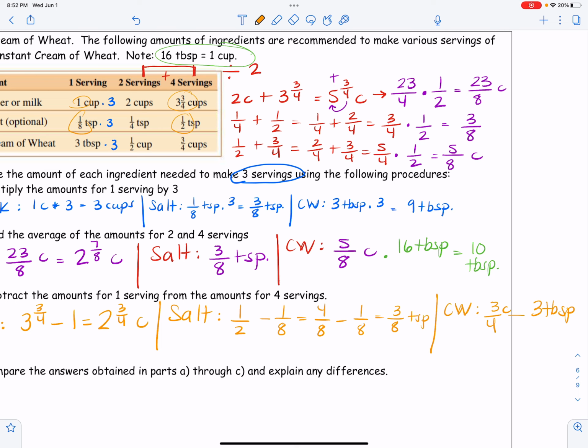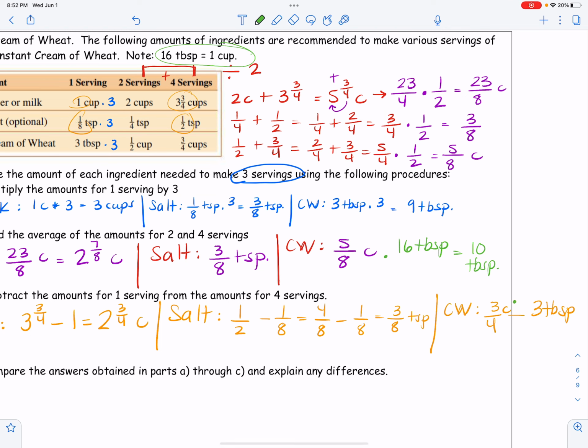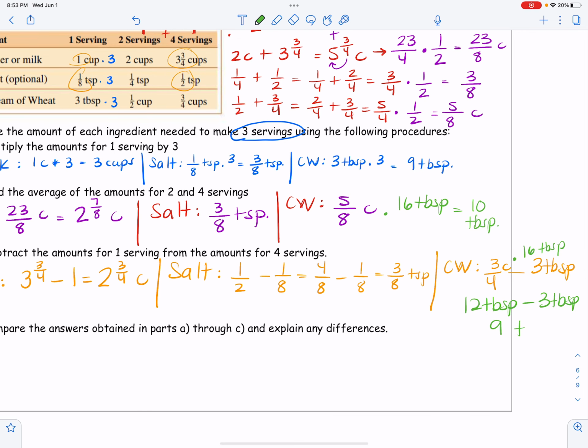So what I'm going to do, kind of like what I did in the previous one, is convert cups to tablespoons. I can do that if I multiply this by 16 tablespoons. So 3 times 16 divided by 4, 3/4 of a cup is 12 tablespoons. And if I subtract the 3 for 1 serving, then I get 9 tablespoons.